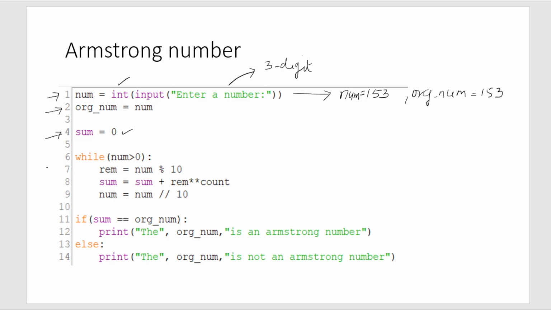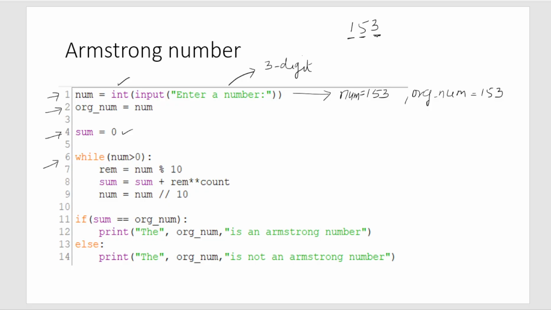Now coming to line number 6, it says that now we want to create the sum. For that, from 153 I first need 3, then I need 5, and then I need 1.